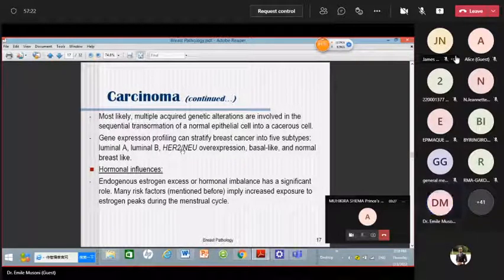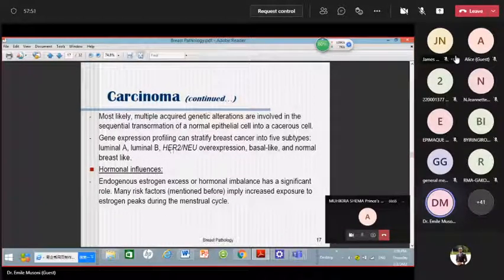Once estrogen and progesterone receptors are positive, they give a treatment which corresponds to that level of progesterone and estrogen, meaning that there is a good prognosis.